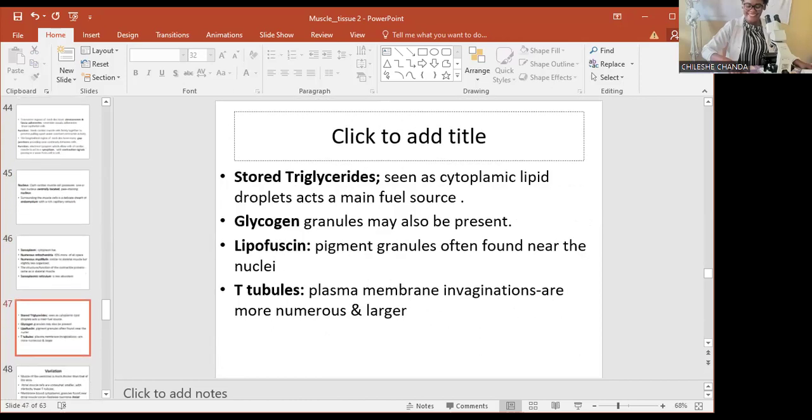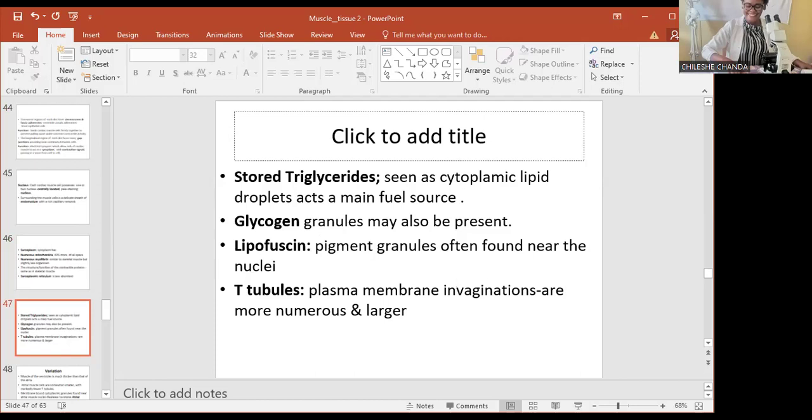The other thing that you're going to notice in cardiac muscle are stored triglycerides, seen as cytoplasmic lipid droplets. There will be glycogen granules also. There will be a pigment known as lipofuscin.